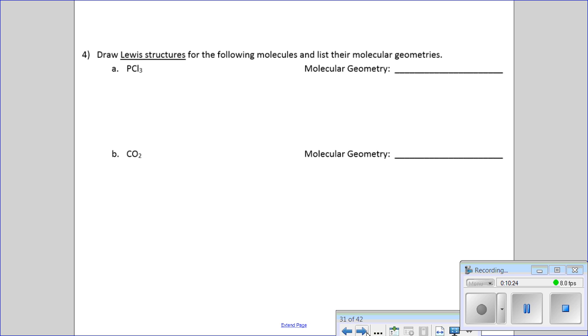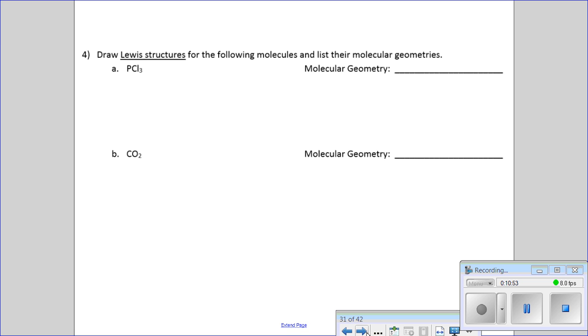So if you remember from the previous recording, in order to draw a Lewis structure, first you need to determine the number of valence electrons for all the atoms in your molecule. Then you add that up, get your total valence electrons, then divide by 2 to get your pairs. Those pairs must be represented in your Lewis structure.